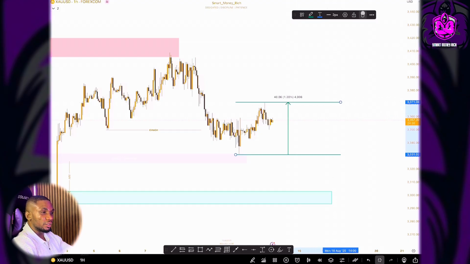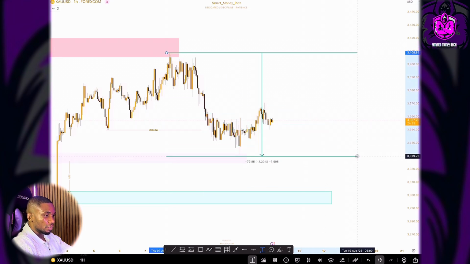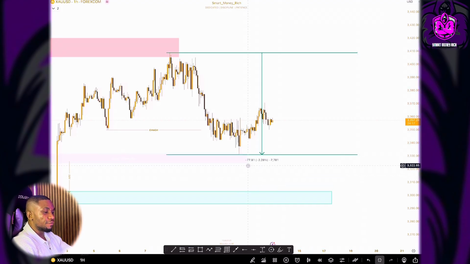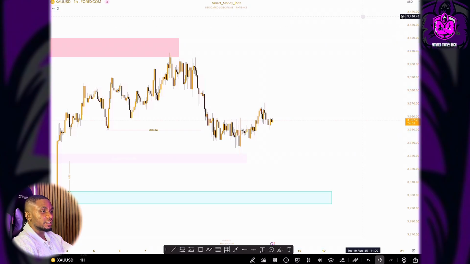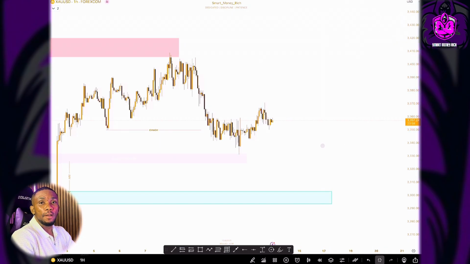Now let's say on the downside, you want to calculate how many pips the market has moved from this high all the way to this low. You will see that the market has moved a total of minus 778 pips. Forget about the slash number. This is a decimal number and we don't add it when we calculate gold pip. So this is a simple way for you to calculate gold pip.